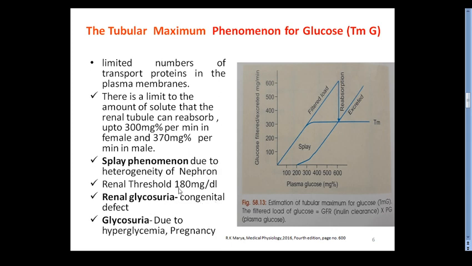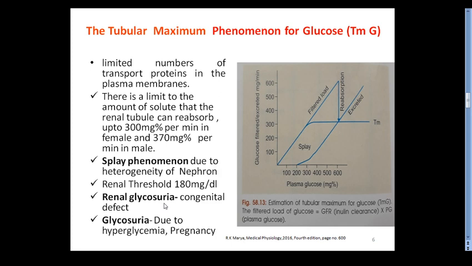When the renal threshold is achieved, the glucose is passed into the urine, and that condition is called renal glycosuria. Renal glycosuria may have different causes. There may be a congenital defect, because of the lesser reabsorptive capacity of the renal tubules due to a transporter defect.